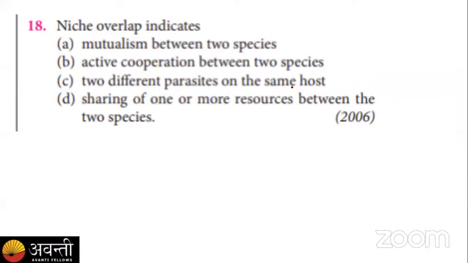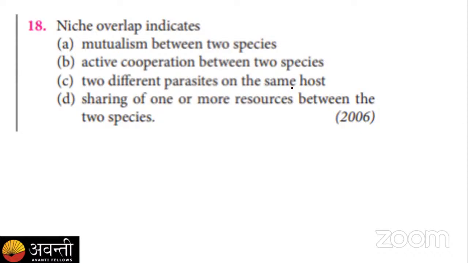Okay, now we are moving to the next question, question number 18. Question number 18 says niche overlaps indicate. When two niches overlap, they indicate what? Mutualism between two species, active cooperation between two species, two different parasites on the same host, and D, the sharing of one or more common resources between the two species. Regarding the same, we have also discussed one question in the starting, right? If you remember that, you can give your answer as early as possible.